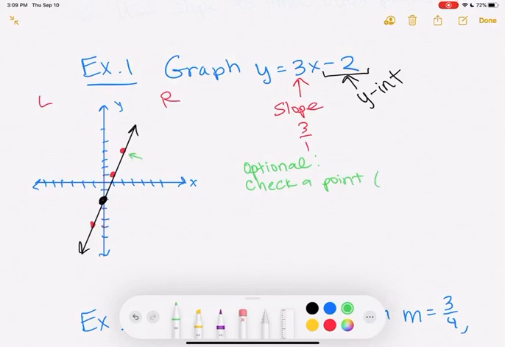It's at 2, 4. And what you could do is you could verify that that is a solution to our original y equals 3x minus 2 just by plugging in the 4 for y, the 2 for x. And then you would see that, yes, that is a solution. So we did graph it correctly.